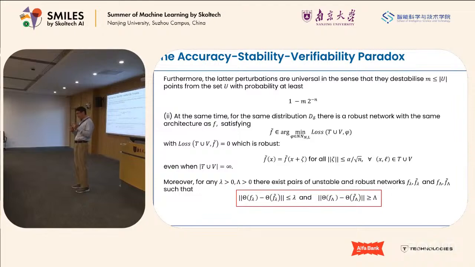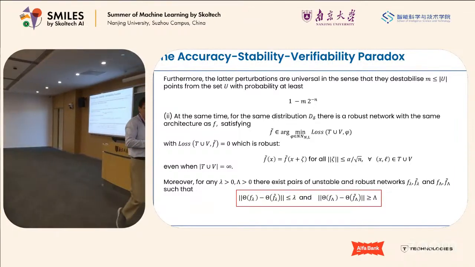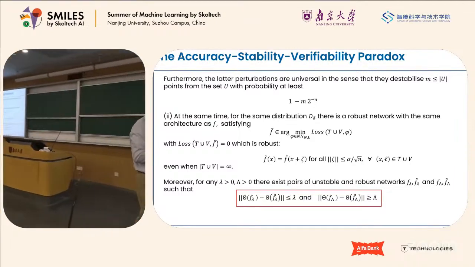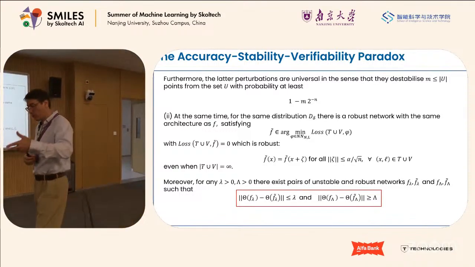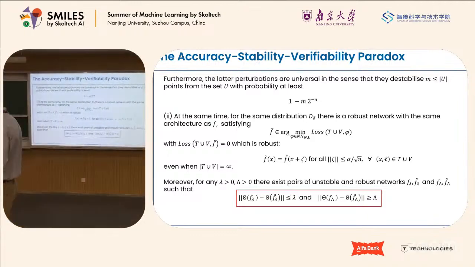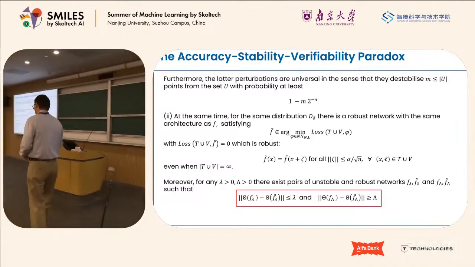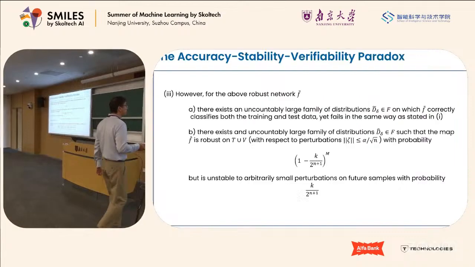But one of them will be stable, another will be unstable. And also at the same time, they can be arbitrarily far apart. So if you give me a large number, I can give you a pair of networks. One of them will be stable, one of them will be unstable, and in the weight space, they will be far apart. Okay?